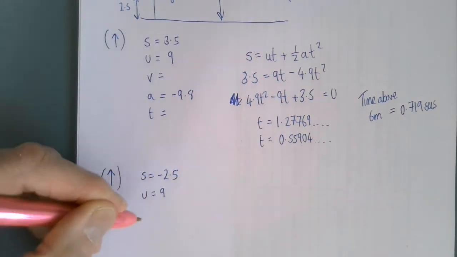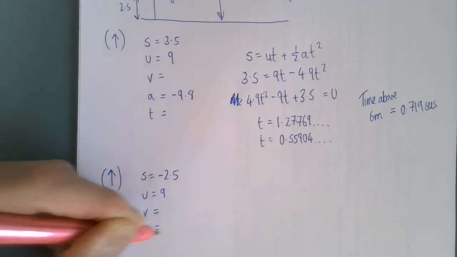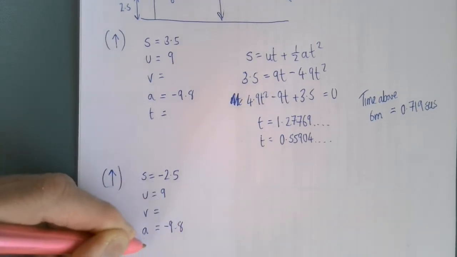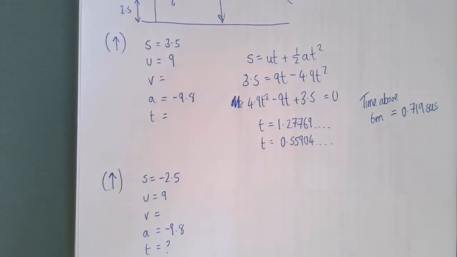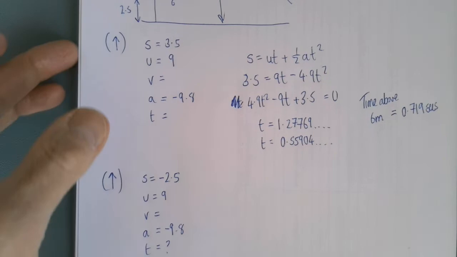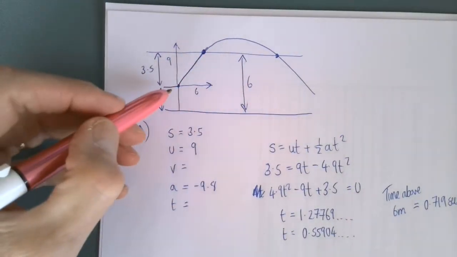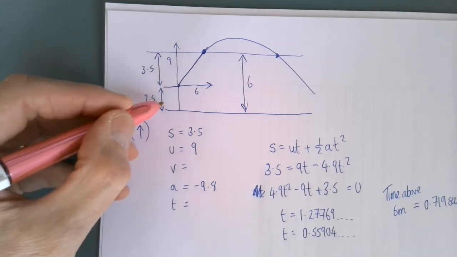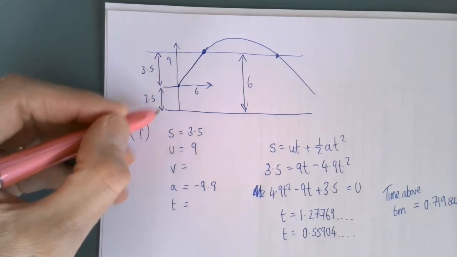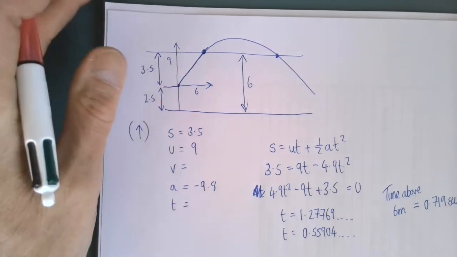So everything else is the same, and again I want to find the time. Now the model, obviously it's only going to be at minus 2.5 once, but I'll probably get a negative time. Well, I say probably, I will get a negative time because the suvat equations don't know that it started at 2.5 metres, so there'll be a negative answer which I'll ignore.